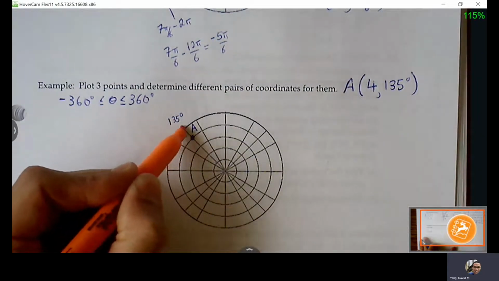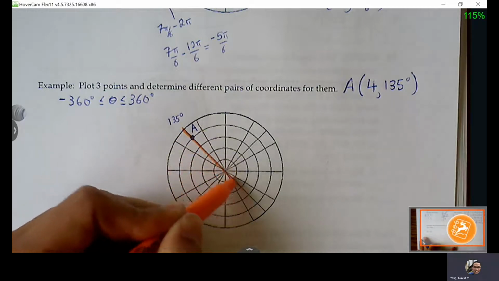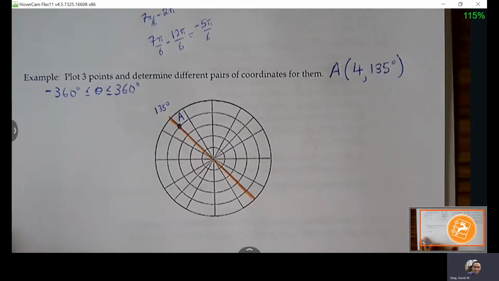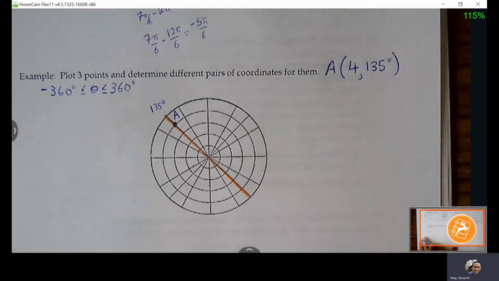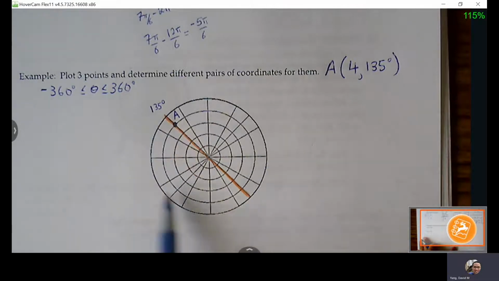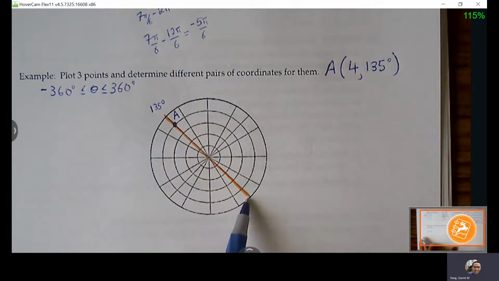Let me highlight that line so you can visualize how we're going to use the other quadrant to help us get to the same point. You can always add or subtract 360 to get coterminal angles. You can always add or subtract 180 to reach the diagonal quadrant, right?